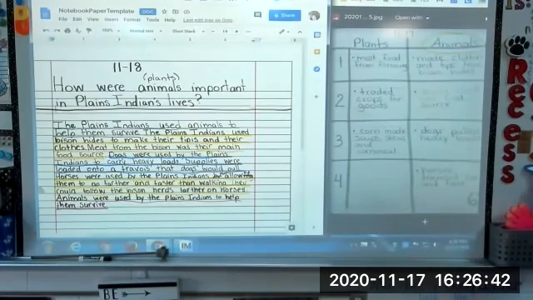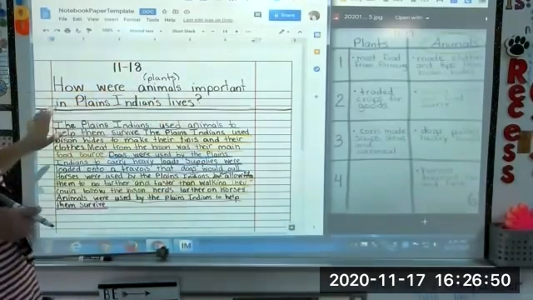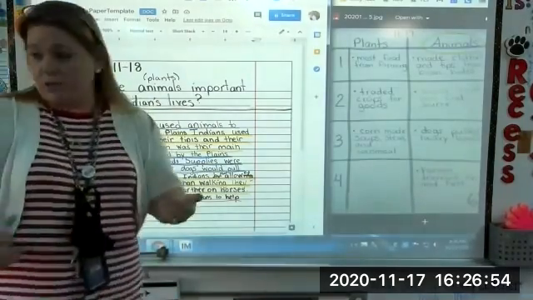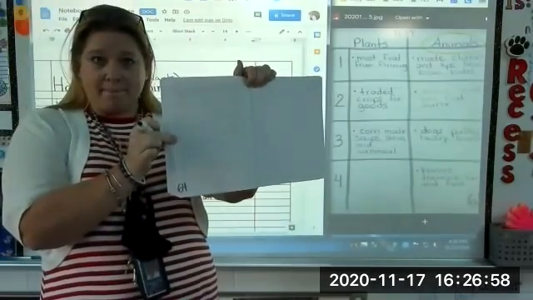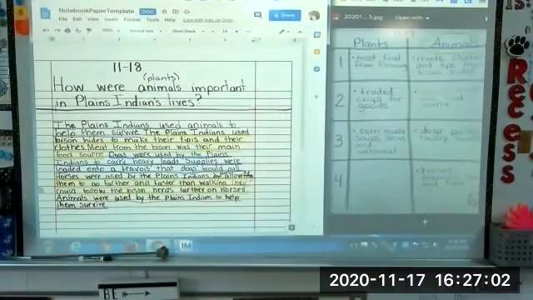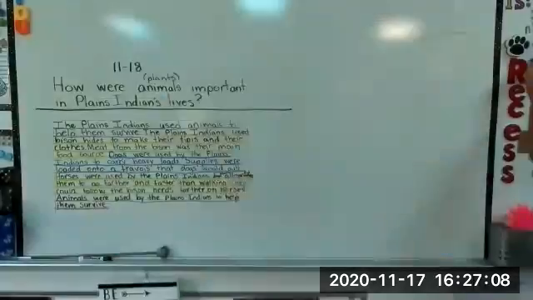You're going to take your chart with your topic statement. How were plants or animals important in Plains Indians' lives? You're going to answer that question on page 64. You're going to start by putting today's date on the top, which is 11/18. And you need to write the question.